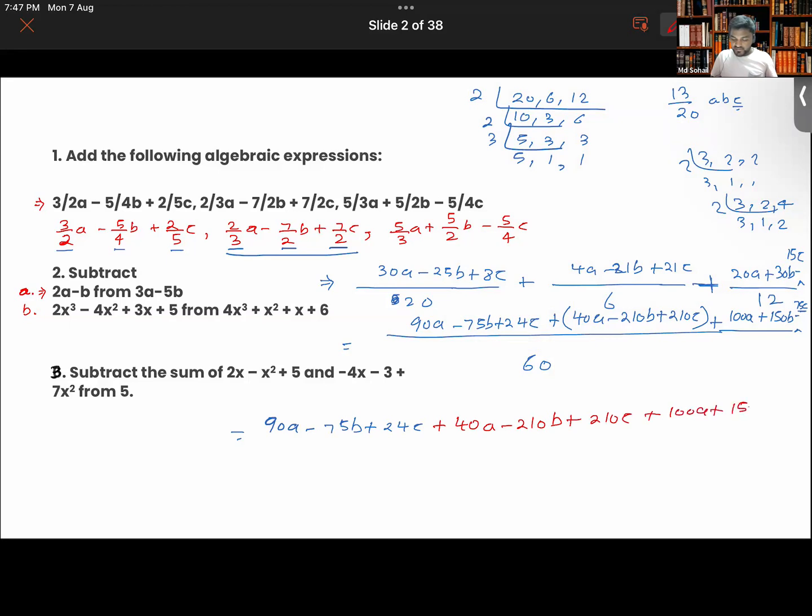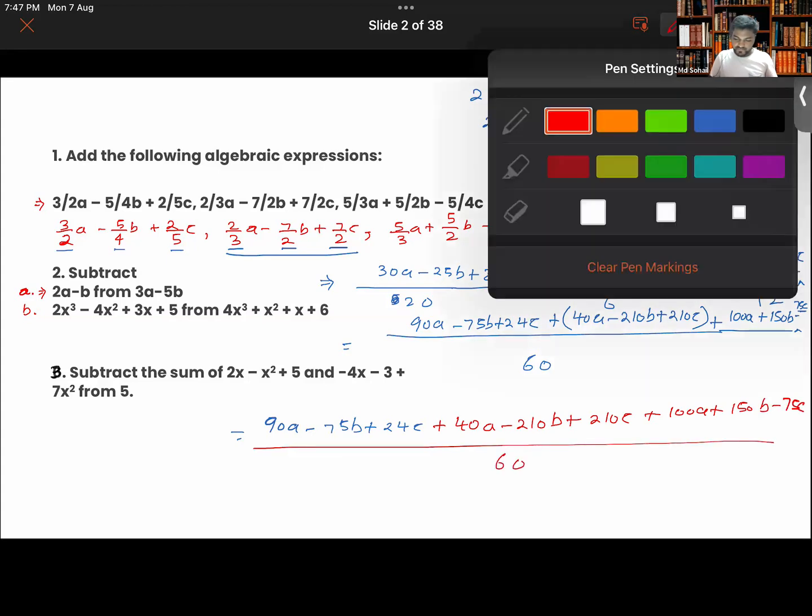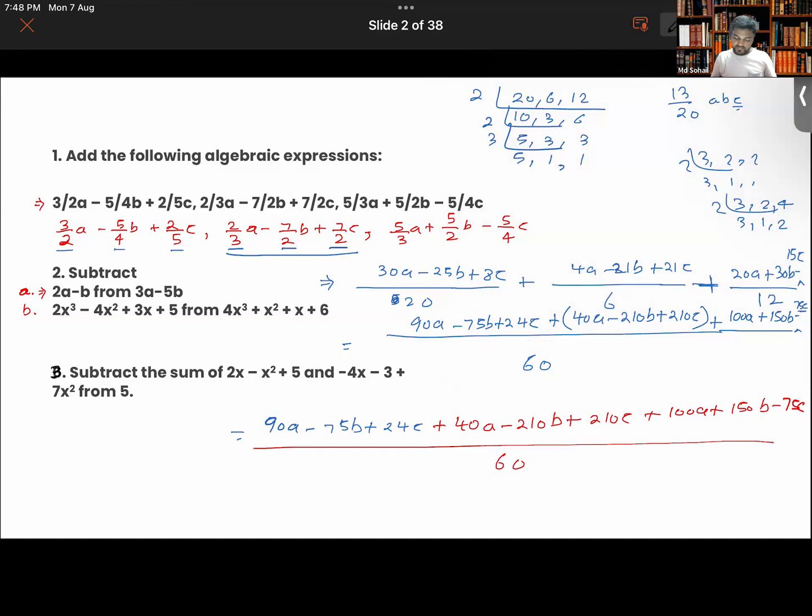Okay, so guys, this is for the like terms here. What are the like terms which we can see over here? Sir, 90a, 40a and 100a. And minus 75b and minus 210b, and you forgot the 150b.